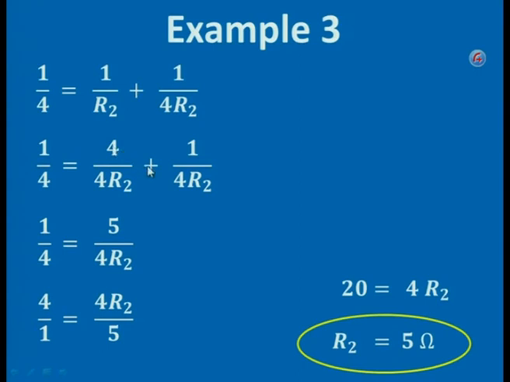So 4 plus 1 gives you 5 over 4R2. But we want R2, so now we switch our fractions top to bottom. That gives you 4 over 1 is equal to 4R2 over 5. Now we multiply the 5 that way, that gives you 20 is equal to 4R2. And then you get to R2, which is 5 ohms.